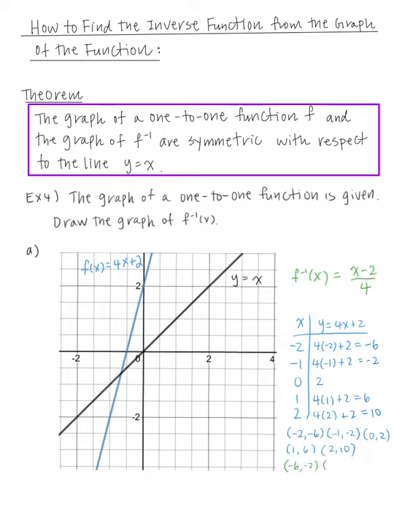And then instead of (-1, -2), you're going to have (-2, -1). You got the idea. (2, 0), (6, 1), and then (10, 2). So those are the points that you might want to plot. So let's go with (-6, 2). Goodness, we don't even have -6 on our x-axis, so let's skip that one. So let's go with (-2, -1). That will be here. All right, and then (2, 0).